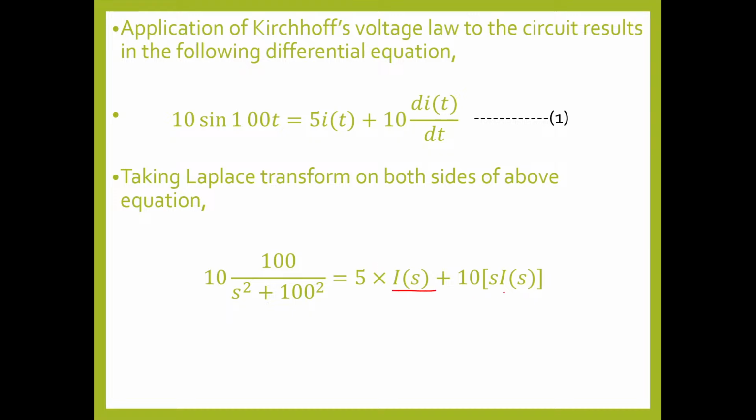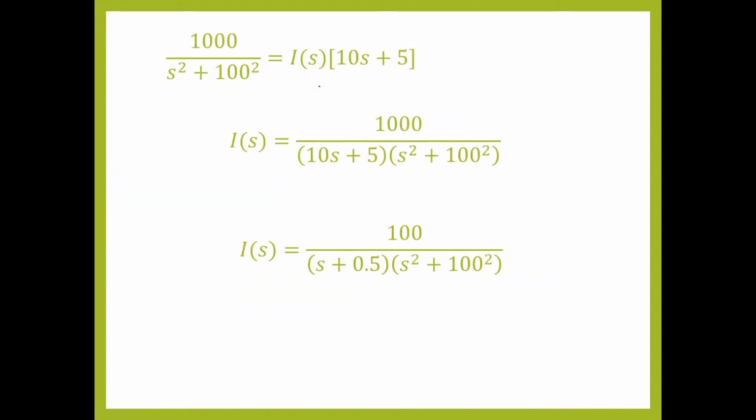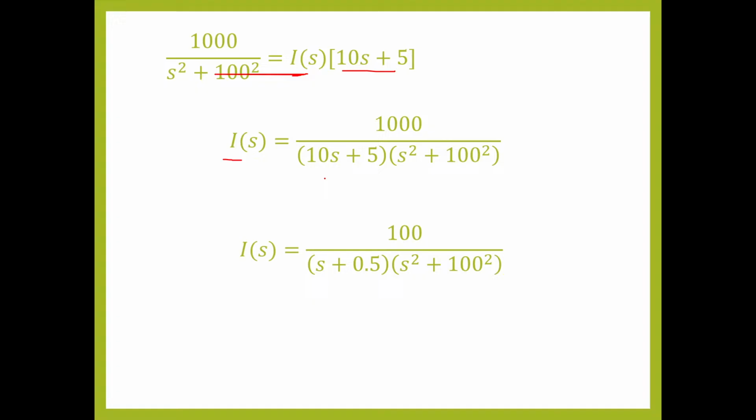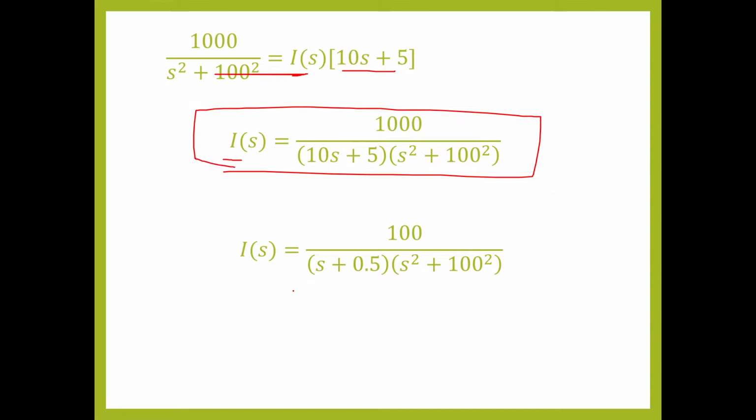From this you can take I of s common, you will get 5 plus 10s, taking I of s common. So what is I of s from this? You send 10s plus 5 to the other side, you will get 1000 divided by 10s plus 5 into s square plus 100 square. This is what you will get, I of s.